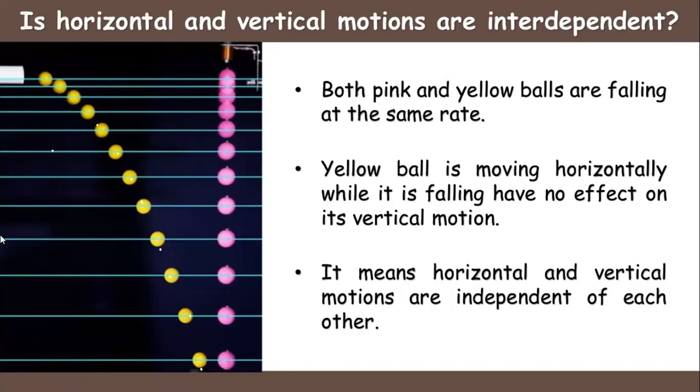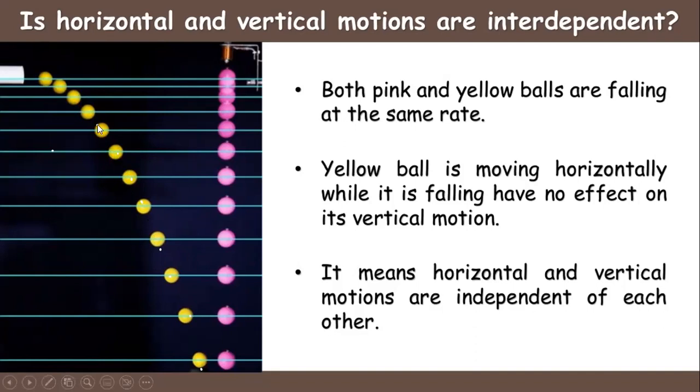You should know that the vertical height of both must be the same because they are falling at the same rate vertically downwards. And the horizontal distance must always be the same for the yellow ball. It looks like it's getting bigger because we're just looking at it.